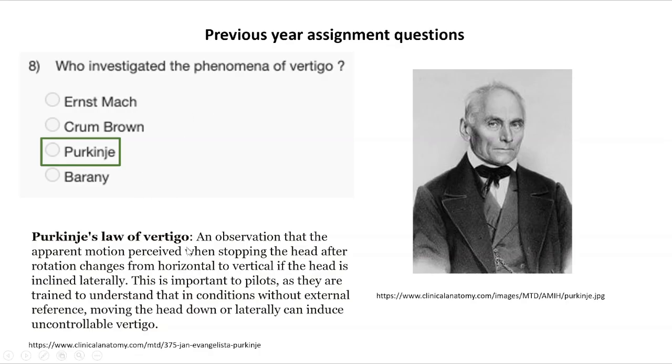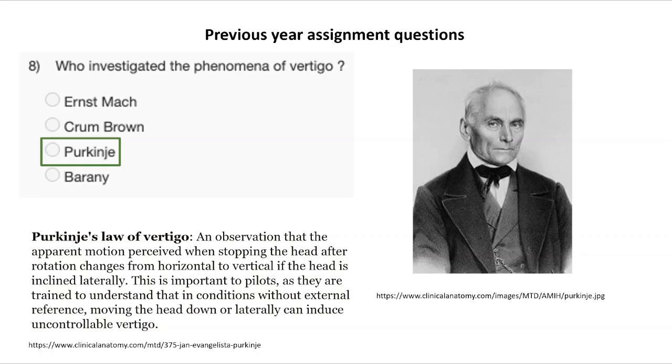What did he come up with? He came up with the observation that the apparent motion perceived when stopping the head after rotation changes from horizontal to vertical if the head is inclined laterally.